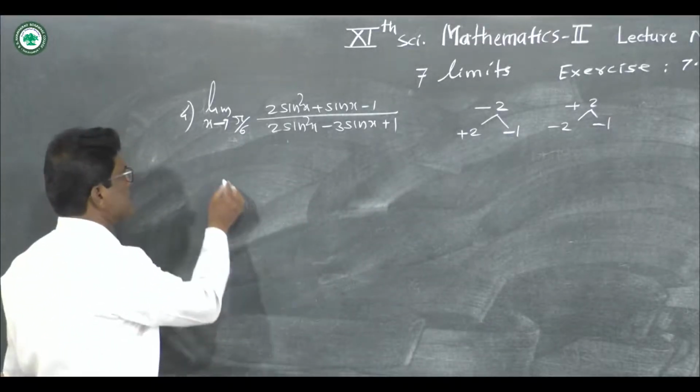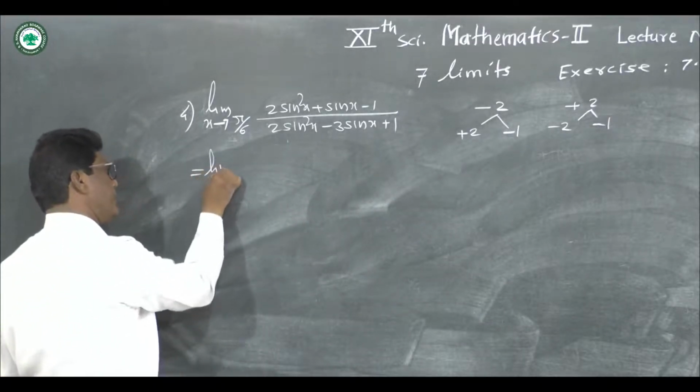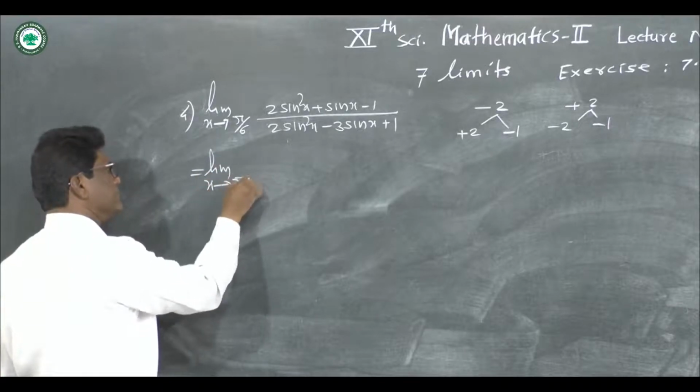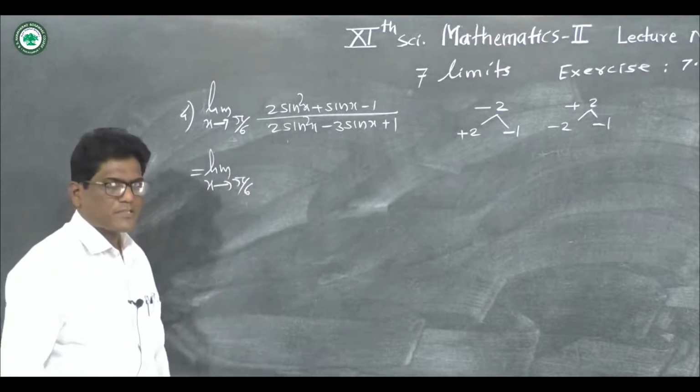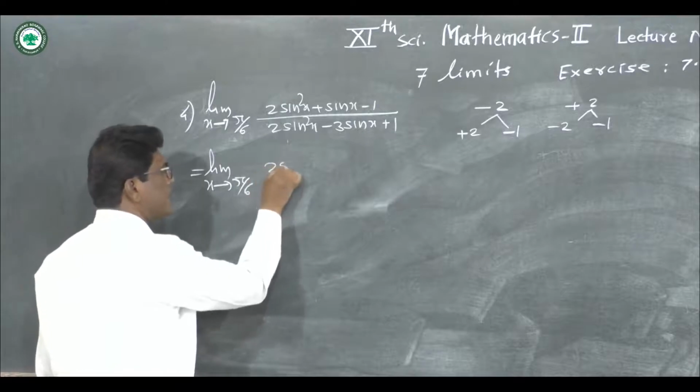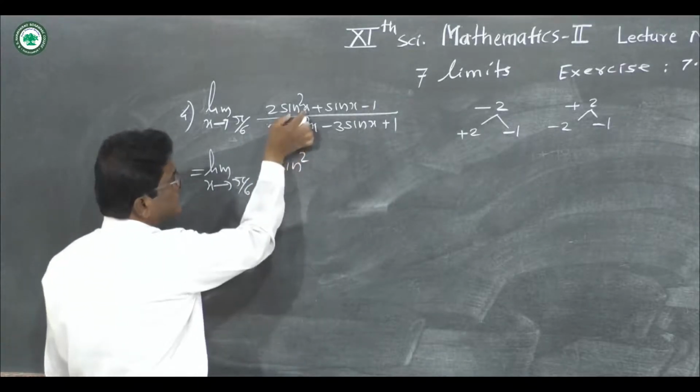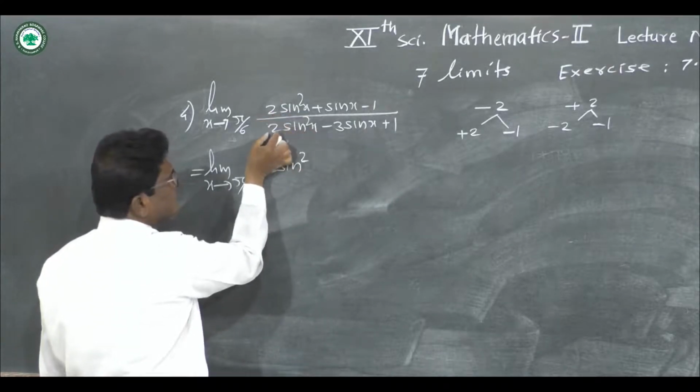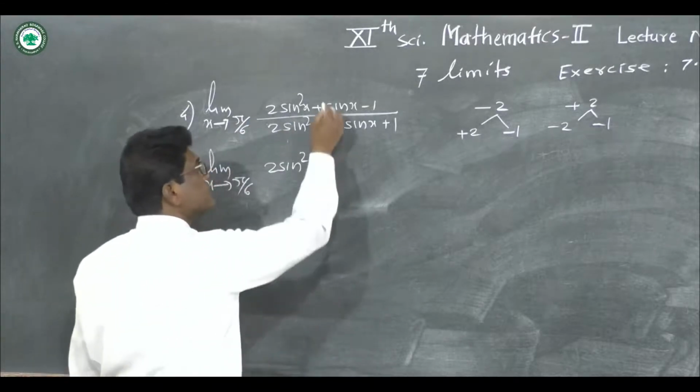So how to factor this? It is equal to the limit as x tends to pi by 6 of 2 times sin square x, because here the coefficient of sin square x is 2, here also 2, so we have to split this middle term.